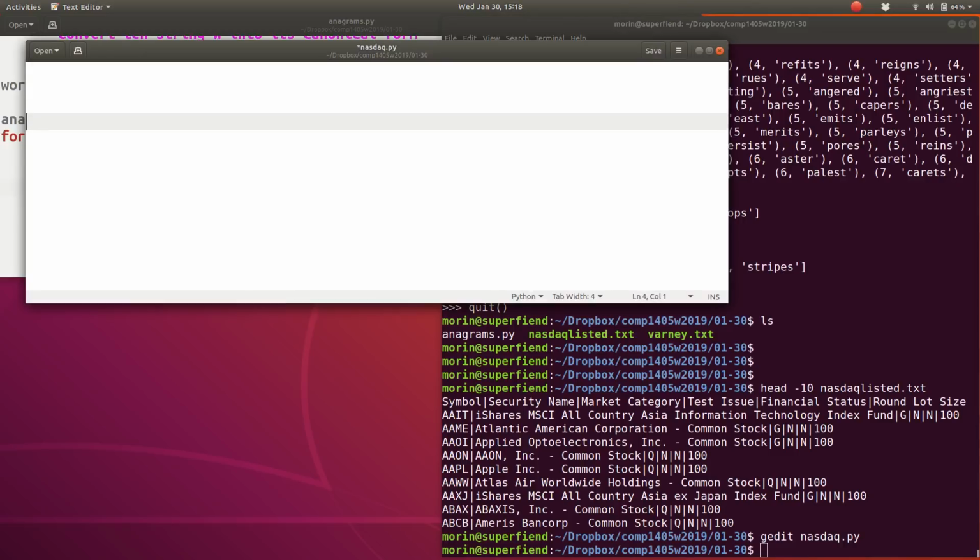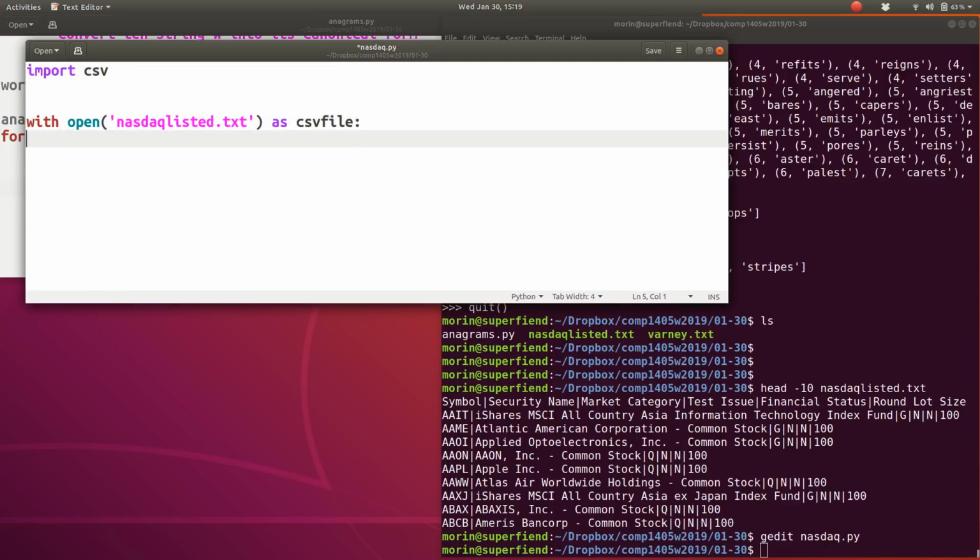So let's do the following: with open NASDAQ listed.txt as CSV file. Since it's a CSV file, we might as well use the CSV library, although we could do it in fewer lines of code, but I would like you to remember about the existence of this library.